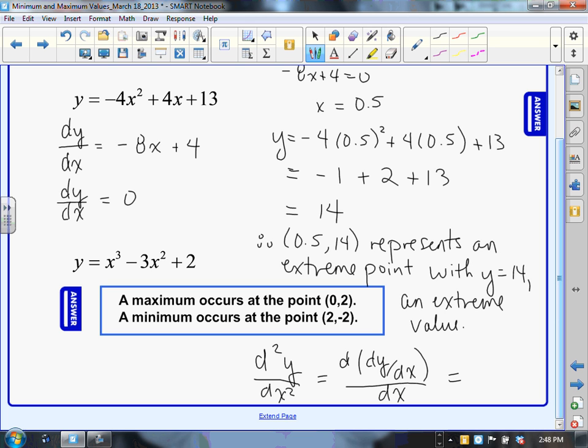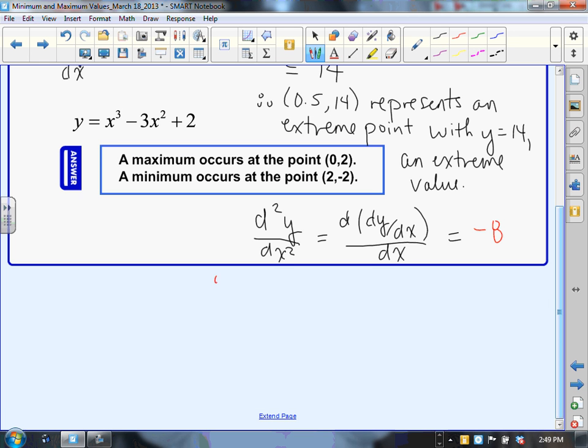So let's look at the second derivative. Recall that here is our first derivative, and if we find the derivative there, we end up with minus 8. So since the second derivative with respect to x is negative, has a negative value, then the function y has a maximum.